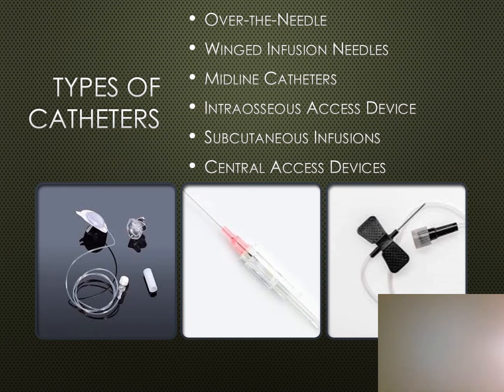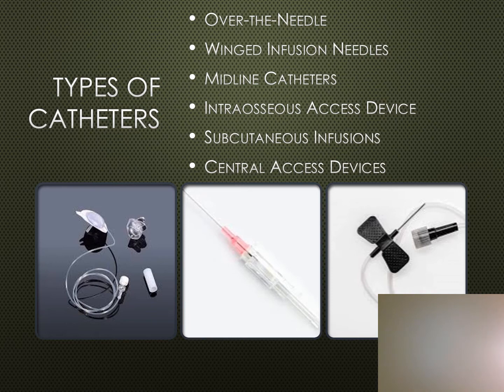Tunneled cuff catheters are going to be for use in clients that require therapy for 1 to 3 months, such as cancer. Subcutaneous tissue will grow into that cuff to assist anchoring it and also help prevent infection. And then we have the implanted ports, and that's for use in clients with long-term chronic diseases that require long-term but intermittent therapy.